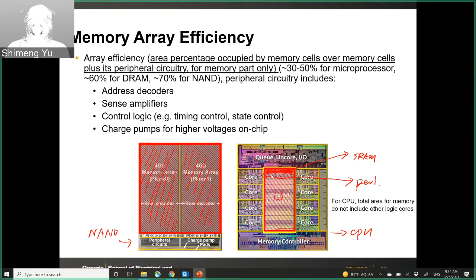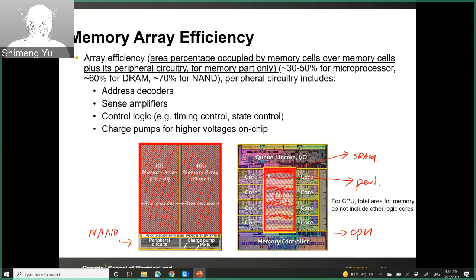So the total memory chip area will be this red box here for the L3 cache. And then you need to look into this box, how much is occupied by the memory. For example, here you may have those for the memories. And then you will count those as the memory cell area, and then divide by the total, that is the L3 block size. So this is the array efficiency for the L3 cache.